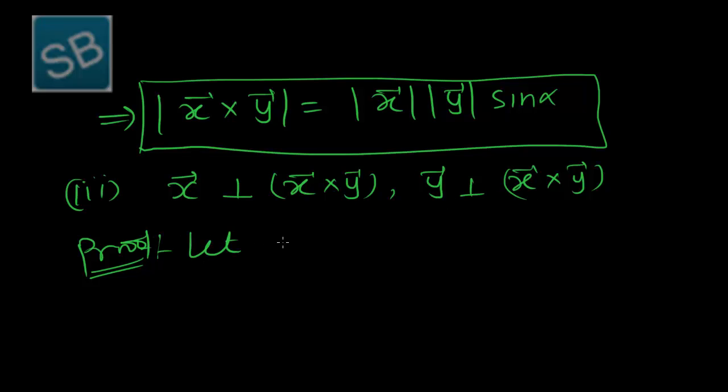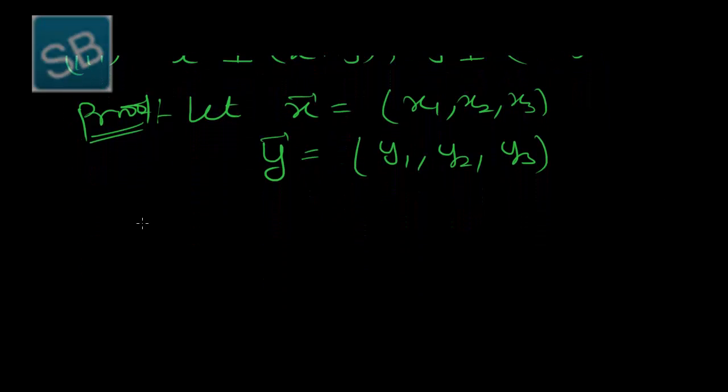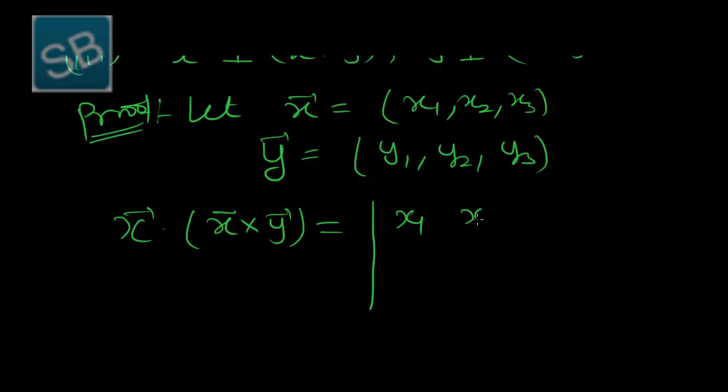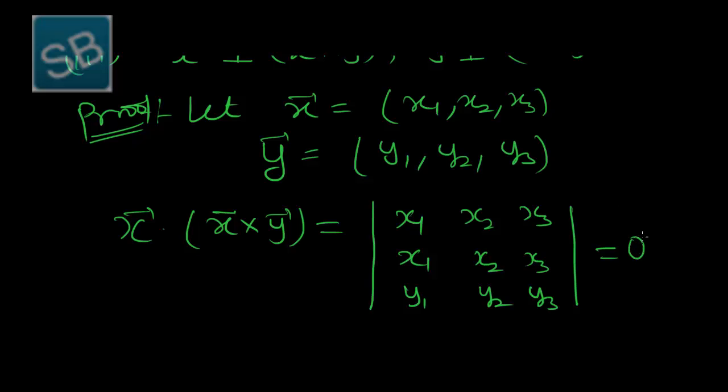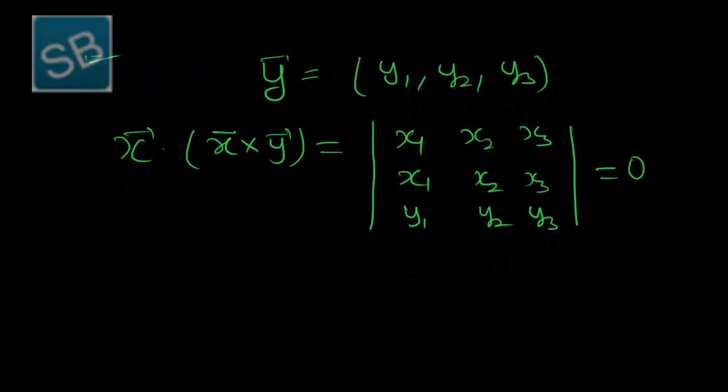Let vector x be in component form x1, x2, x3 and y in component form y1, y2, y3. So now we will find x dot x cross y, that is the determinant with rows x1, x2, x3; x1, x2, x3; y1, y2, y3. This is equal to 0 because if two rows are equal in a determinant, then the value of the determinant is equal to 0.